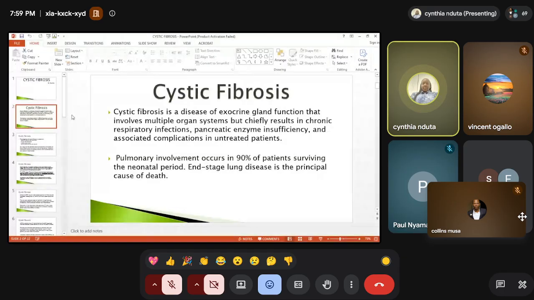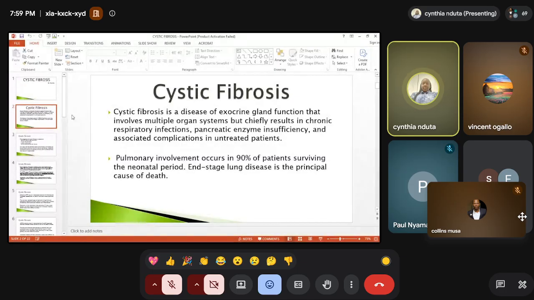So cystic fibrosis is a disease of the exocrine gland function. Okay. And now, unfortunately, being a disease of the exocrine gland, it involves many organ systems. But the most affected is the respiratory system.